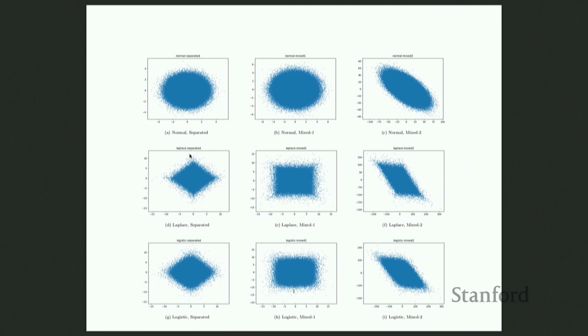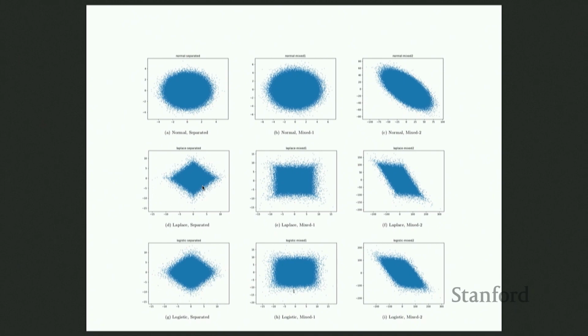Now, instead of Gaussians, let's assume we start with two independent Laplace distributions, where source 1 and source 2 are sampled according to independent Laplace distributions. We see that the shape taken by the product of two independent Laplace distributions has this diamond shape, right?